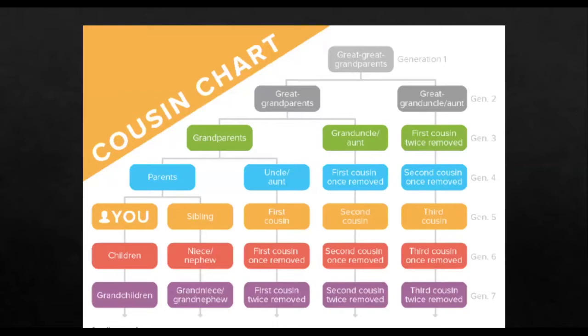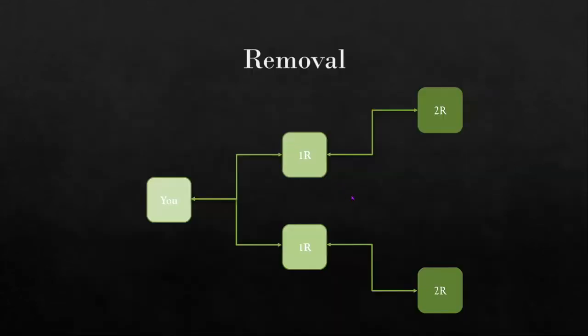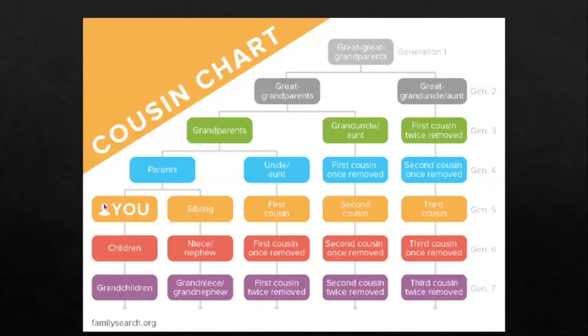Okay. The next piece of being able to accurately describe how someone is related to you is what's called removals. That has to do with what generation the person is in. The folks that were in the same generation as you, there is no removal.